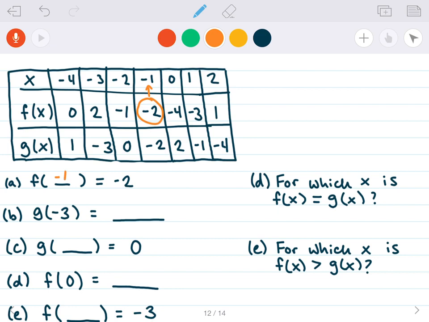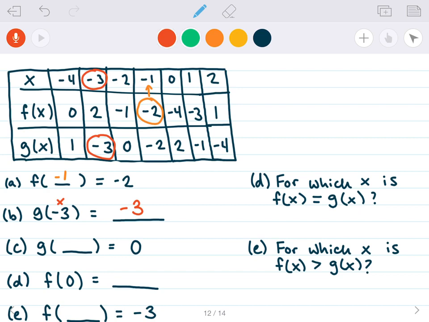All right. The next one says g of -3 equals what? This time I'm given my input x, and I want to know my output. Here's my input row, so I circled -3, and then I go down to g, and it says my output is also -3. So that goes here.